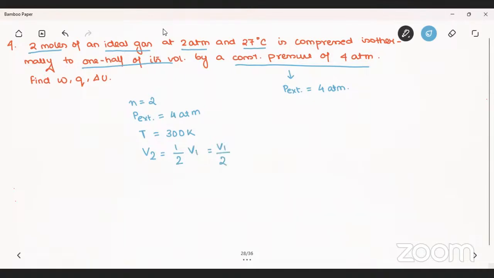Now in the question it is said ideal gas. So can I write P1 V1 is equal to P2 V2, right? So now we need to calculate V1. P2 V2 by P1. This P1 is this, but this is our external pressure.